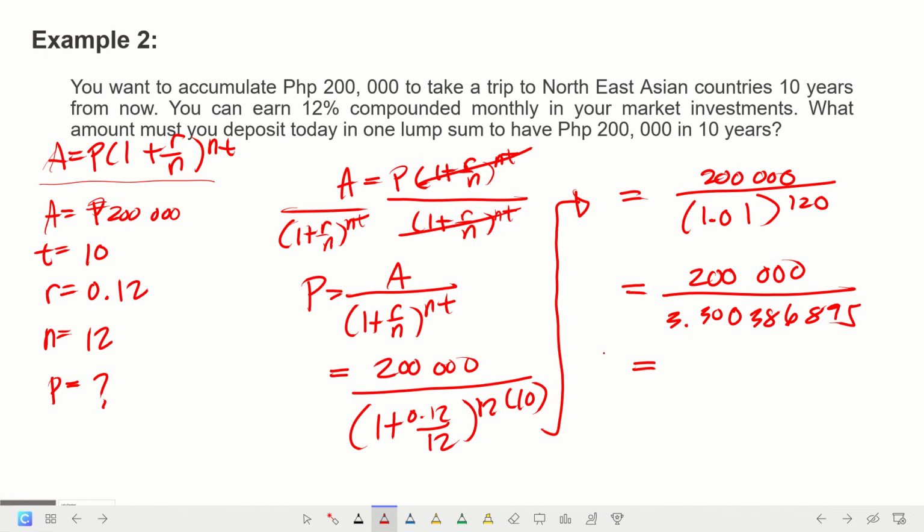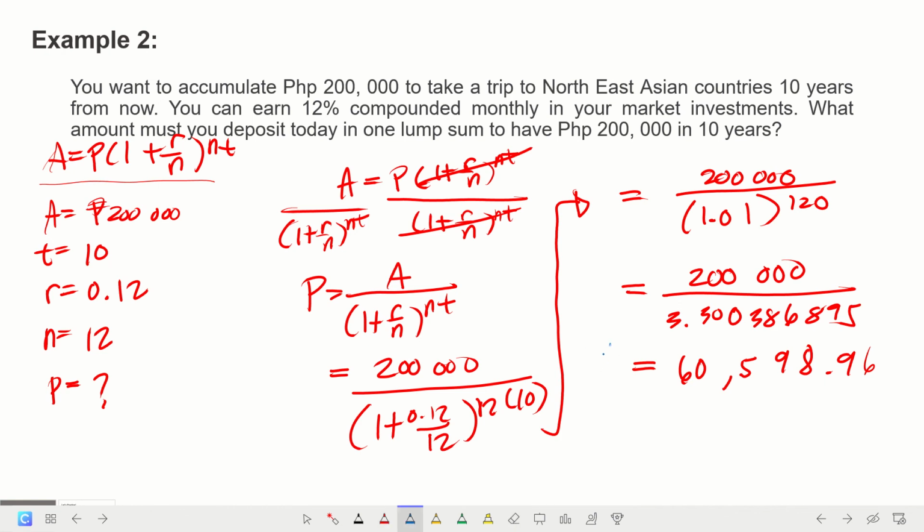so you need to invest money equal to 60,598.96, or ay mali yung symbol.